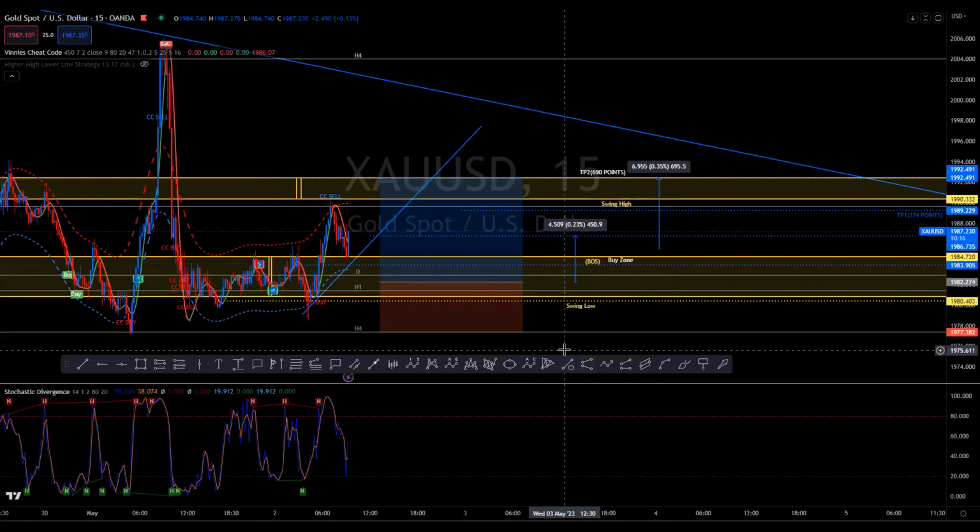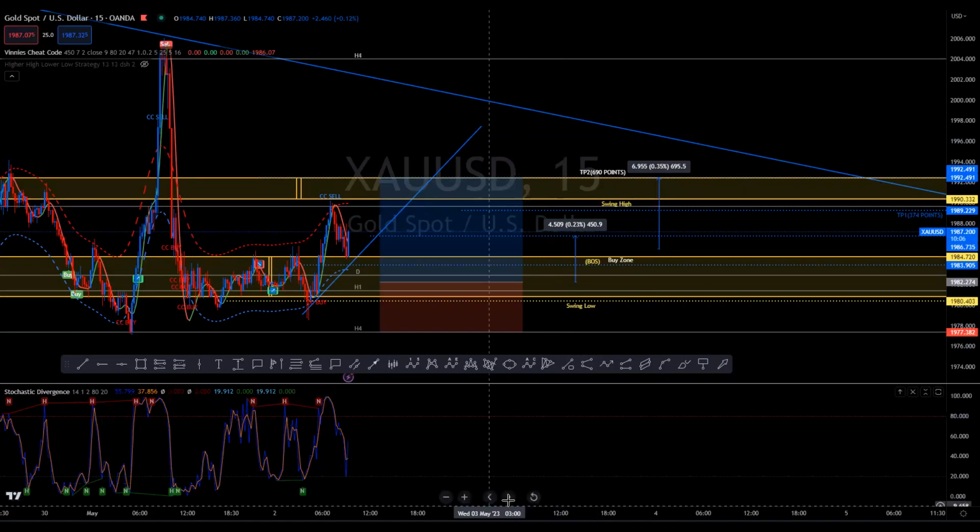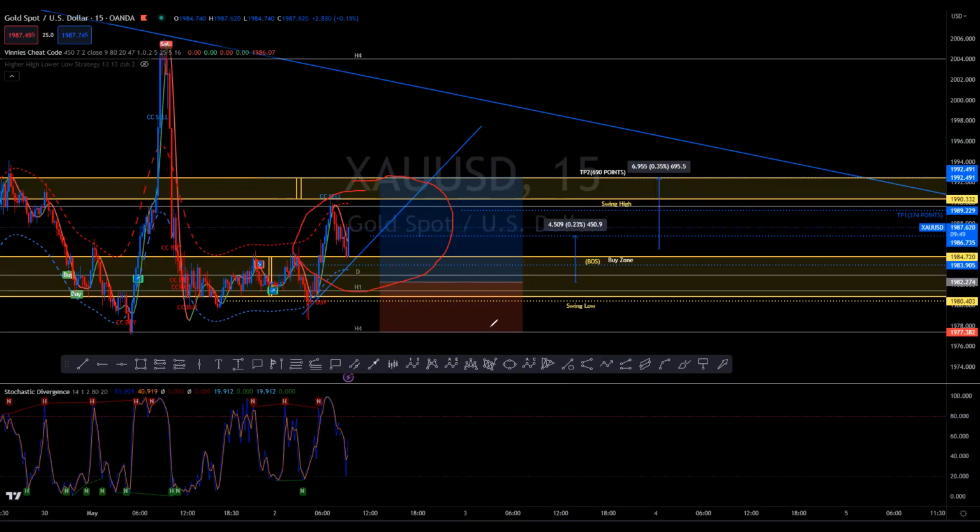Excuse me. Since I jumped in, we'll focus on this price action and see what price does. We were correct as far as price being overall bullish. Okay.